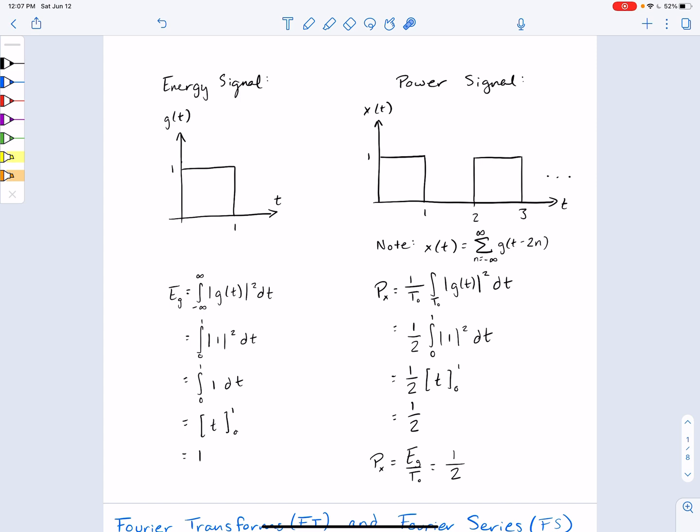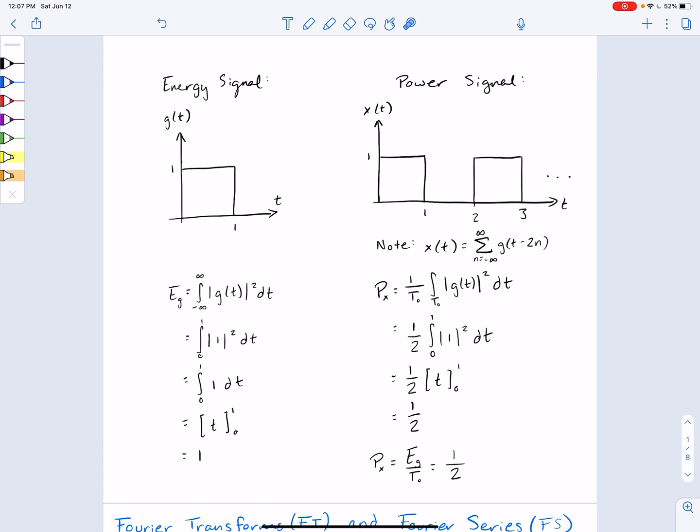If you're having trouble finding the period, put your finger at 0, look at that point, and find the first point where it comes back to that. That would be 2, so the period here is 2. That's just a visual way of finding the period.